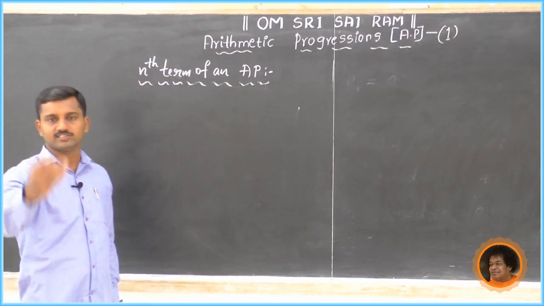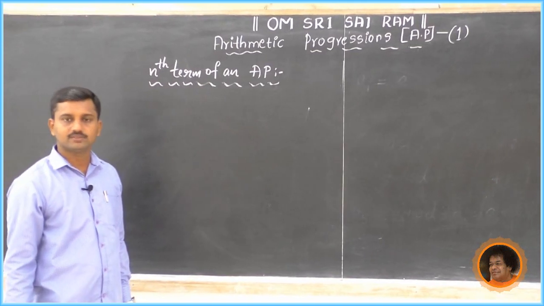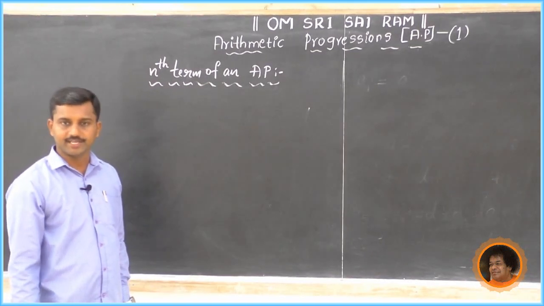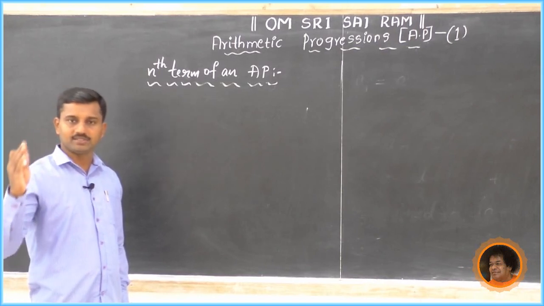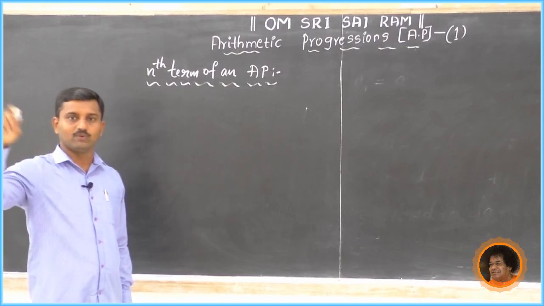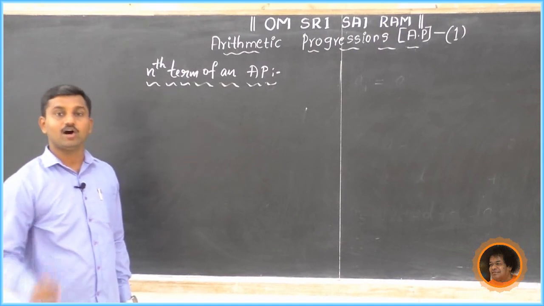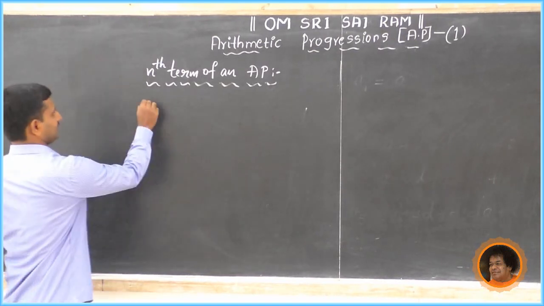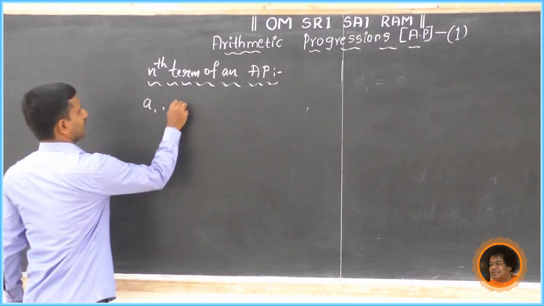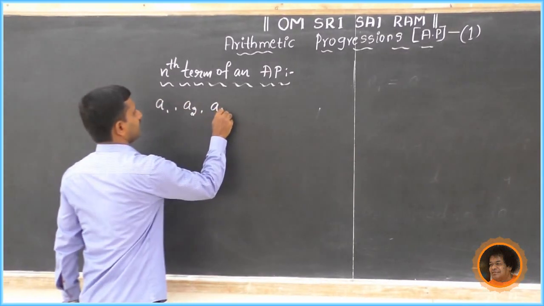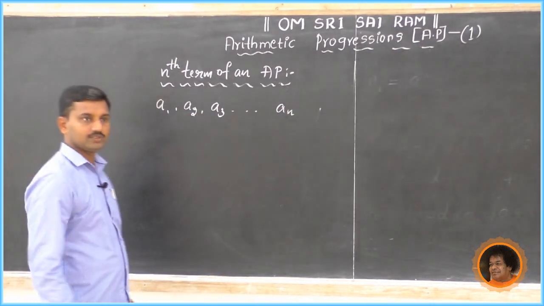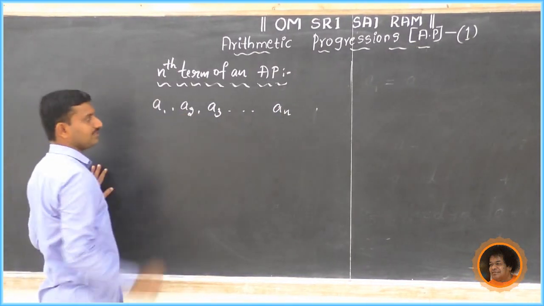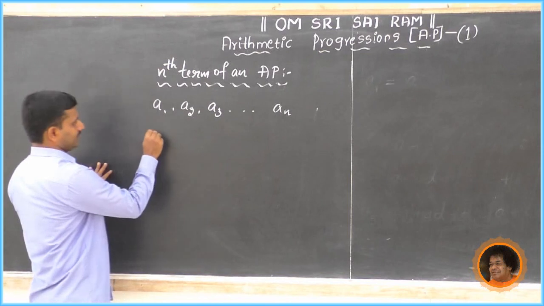Just recall the general form of an AP. What is the general form? A, A plus D, A plus 2D, A plus 3D, and so on. Now next, what is the nth term or the general term? So let A1, A2, A3, and so on, AN be in AP. What is the first term? First term is A. What is the common difference?